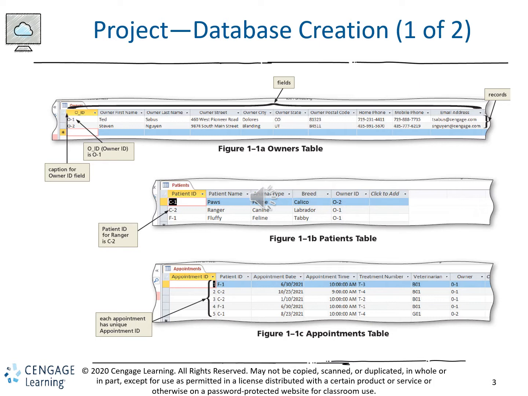So if we look here, the patients table has the patient ID, the patient's name, what type of animal they are, what is their breed, and this owner ID says, how do we link that to who their owner is? So these are different tables, but this owner ID allows it to be linked somehow to the owner table to say, well, who is your owner?